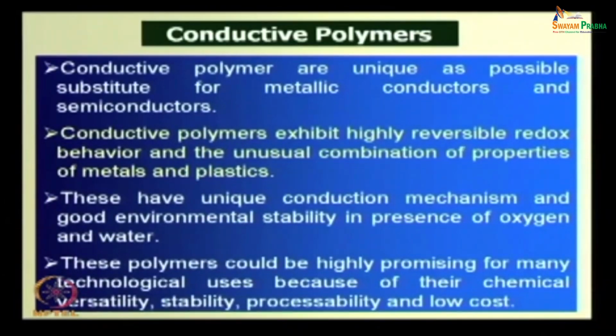See, conducting polymers are unique as possible substitute for metallic conductors and semiconductors. Conducting polymers exhibit highly reversible redox behavior and the unusual combination of properties of metals and plastics. You see redox behavior, this is very important, for which the mechanism of conductivity is dependent, the way how it becomes conducting.